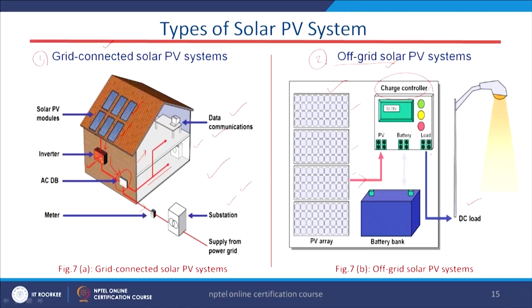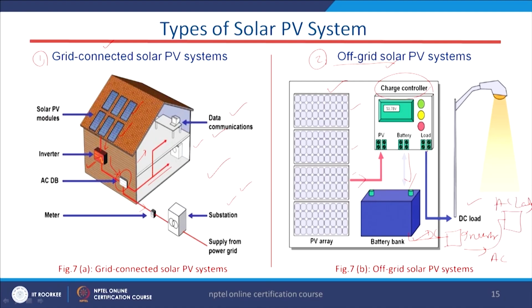From this charge controller, the power comes to the battery bank. The battery bank stores the energy, and sometimes this battery bank is also connected to the inverter. This inverter converts this DC to AC supply, and this power goes to our AC loads.